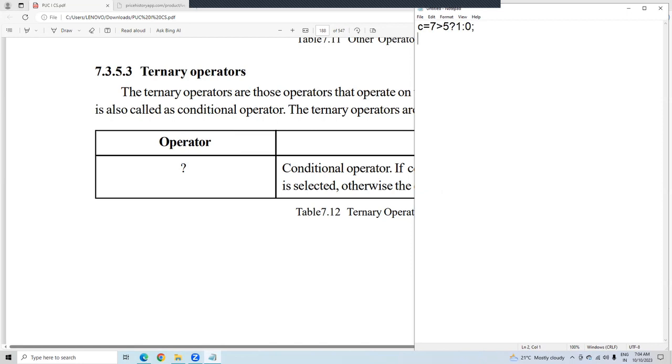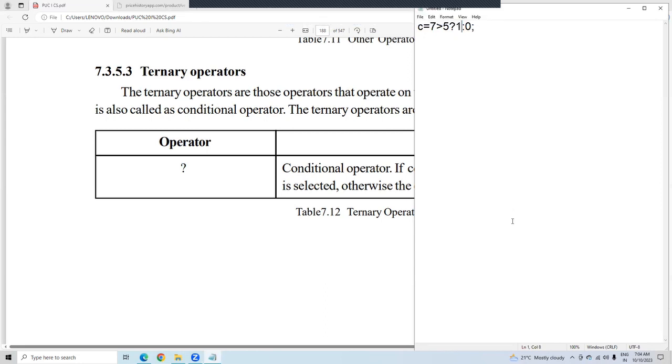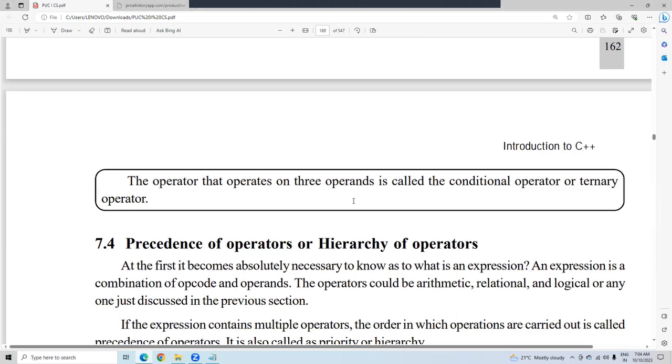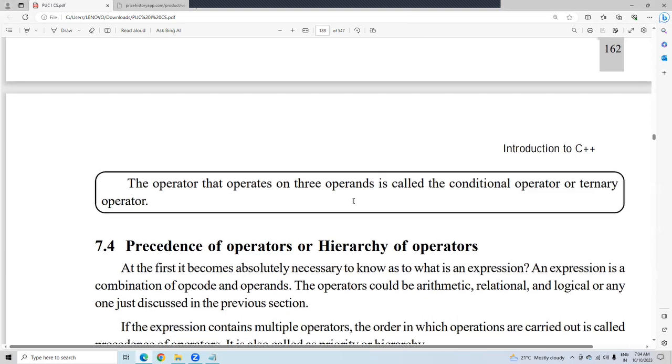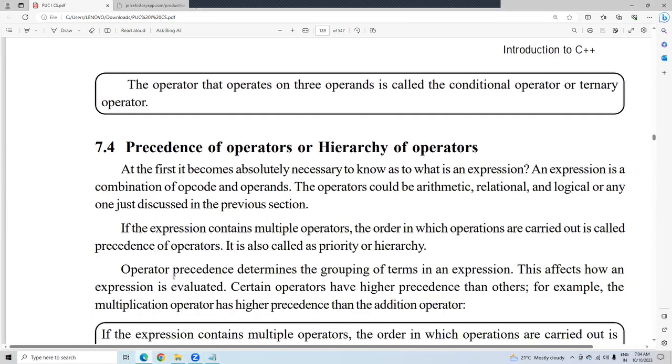That means if the condition 7 greater than 5 is true, then the true value 1 will be assigned to the variable C. Suppose this condition is evaluated to false, then 0 will be assigned to C. So based on the condition's result, that is true or false, it will decide which value to return. This operator, the operator that operates on three operands, is called the conditional operator or ternary operator.